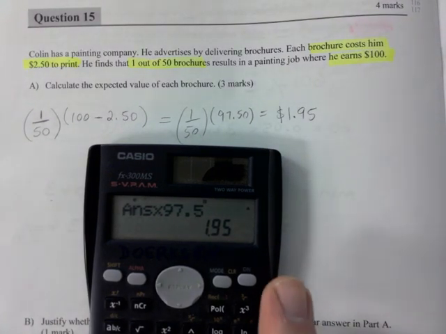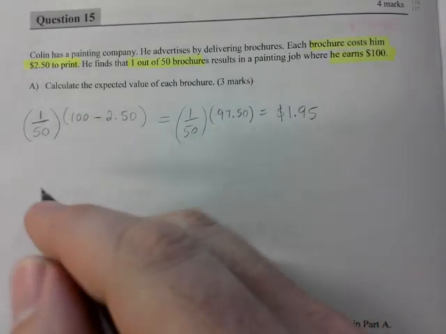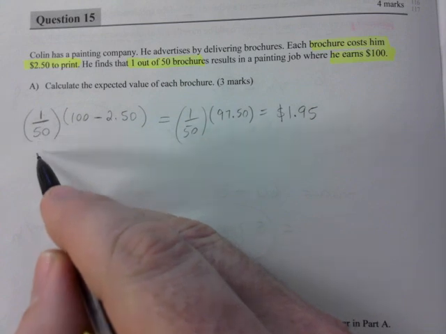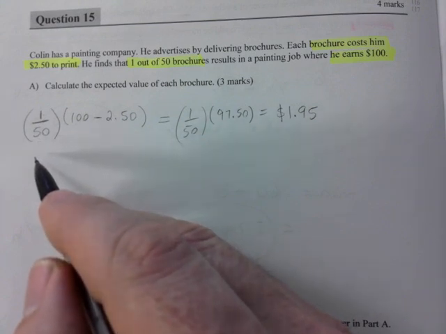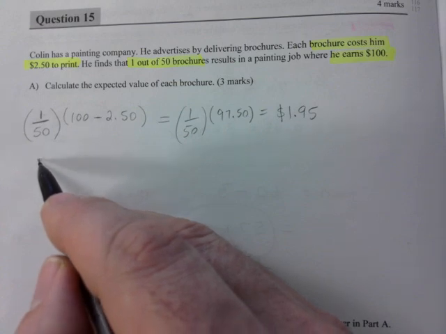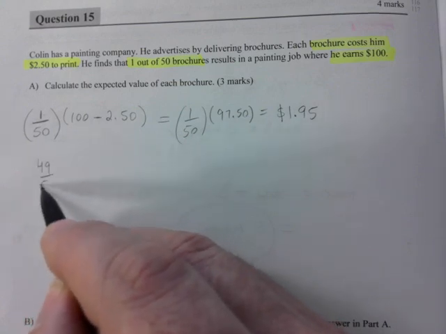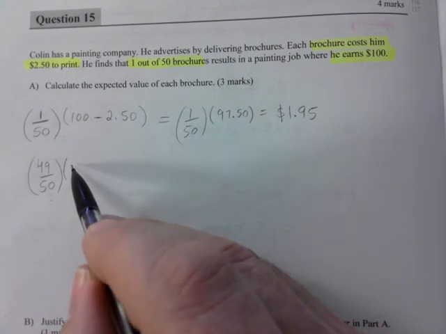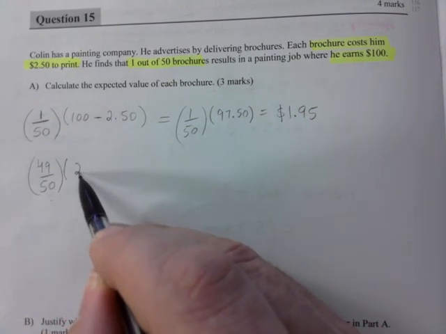But there's something missing. If 1 out of 50 is a win, then how many out of 50 would be brochures that don't get him a job? 49 out of 50. And there I just lose $2.50.